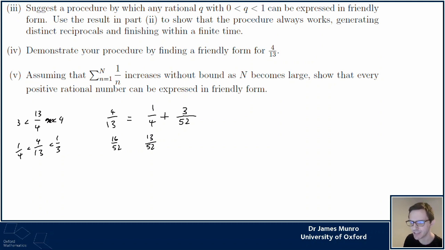Quick check on lowest terms: even if there was a factor of 3 there, it would just make the numerator smaller. Okay, I've got to do this again with 3 over 52. 52 over 3 is somewhere between 17 and 18, because 51 is 17 times 3. So this is somewhere between 1 over 18 and 1 over 17.